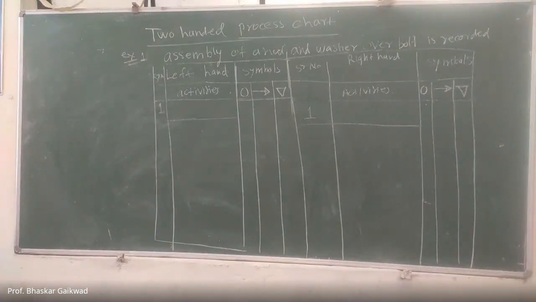Here I have used three symbols: the circle for operation, the arrow for transportation, and the triangle, that is the store. Activities are there for the right hand side and left hand side. So what is the first activity that I will write here? The first activity is to the bolt tray, means our left hand will go to the bolt tray.